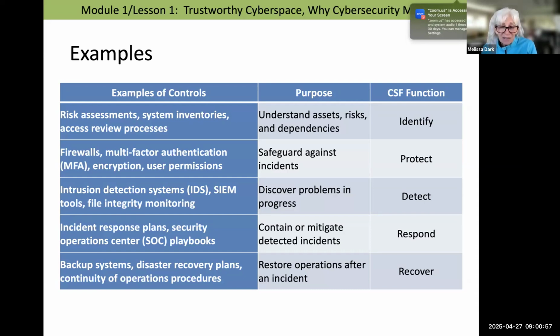When we look at the next function, the middle one, detect, Module 2 has intrusion detection in it. Module 2 has system monitoring. Within system monitoring, one of the things we talk about is security incident event monitoring tools.